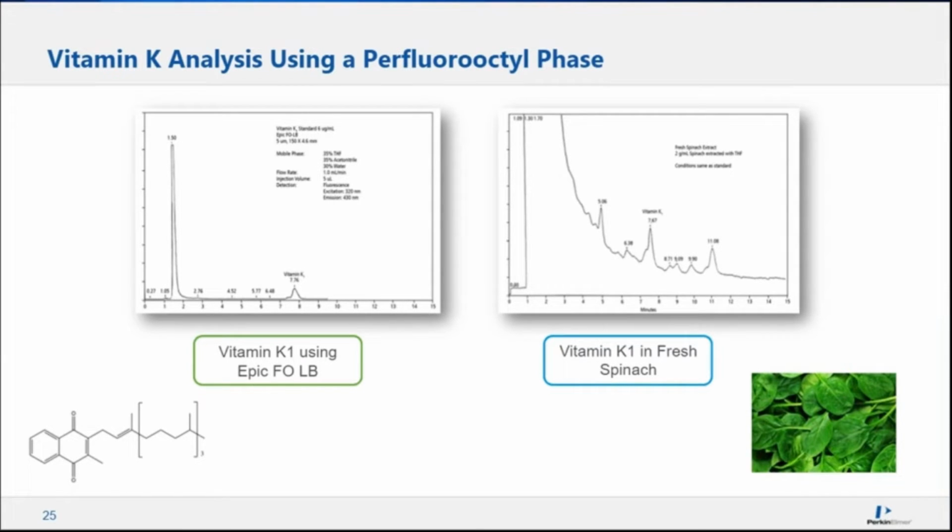With the C18 column, it would be hard to isolate and determine the vitamin K because of its hydrophobic nature and the hydrophobic nature of other compounds within the sample. However, with this perfluorinated octyl stationary phase, you're able to get a reasonable retention and separation of vitamin K.